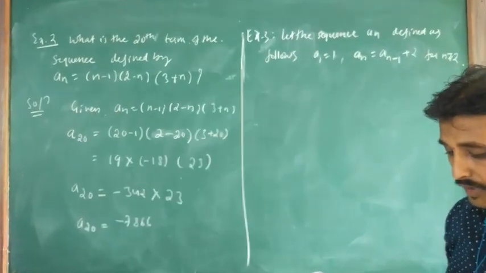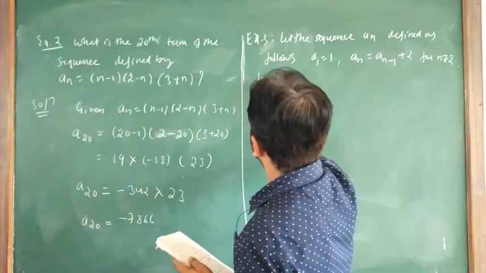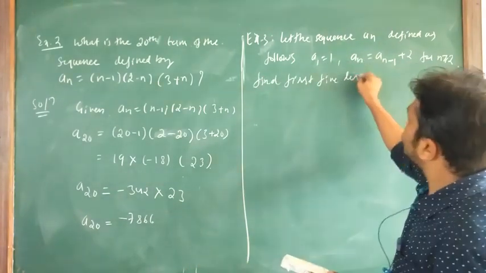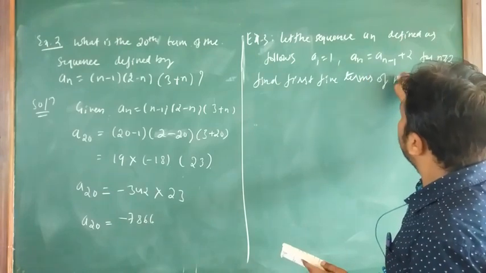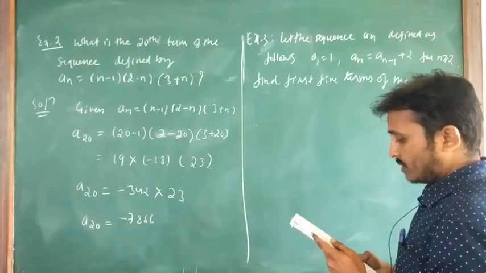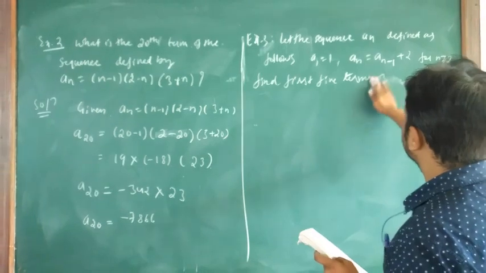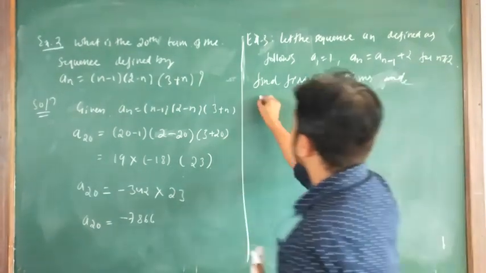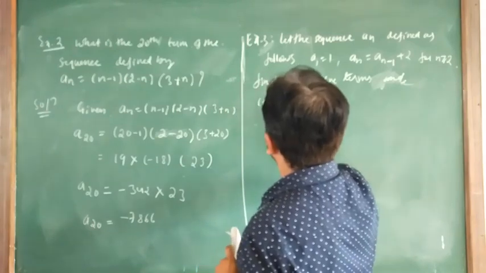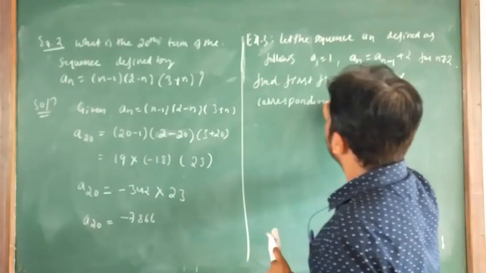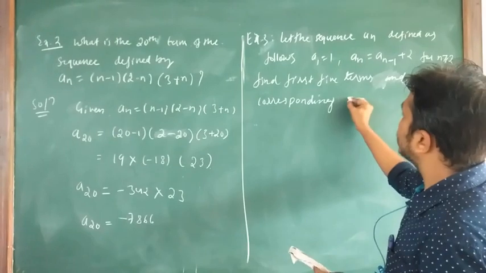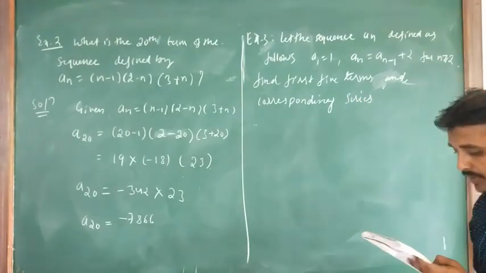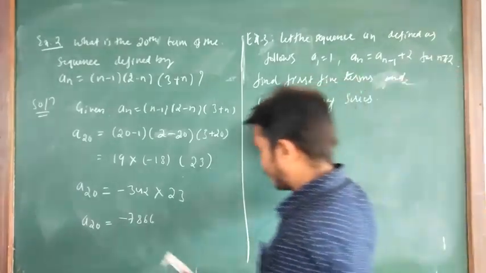Find the first 5 terms of the sequence and the corresponding series.